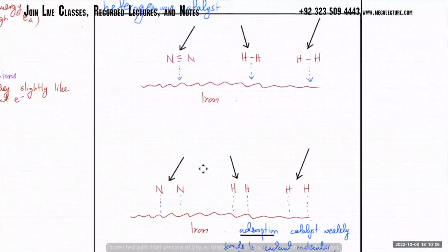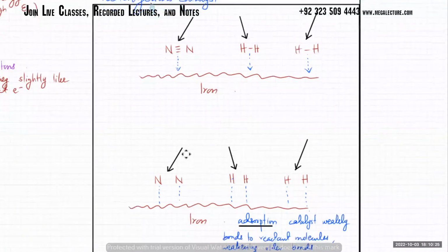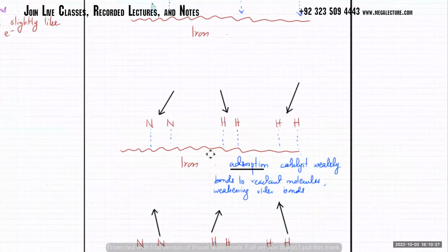So last class, we talked about heterogeneous catalysts. If you've got a triple bond, it's very hard to break the triple bond. But if you have an iron catalyst, the iron has this weak attraction for electrons. So the triple bonded electrons get attracted to iron, and a very weak bond is formed, and that's known as adsorption.